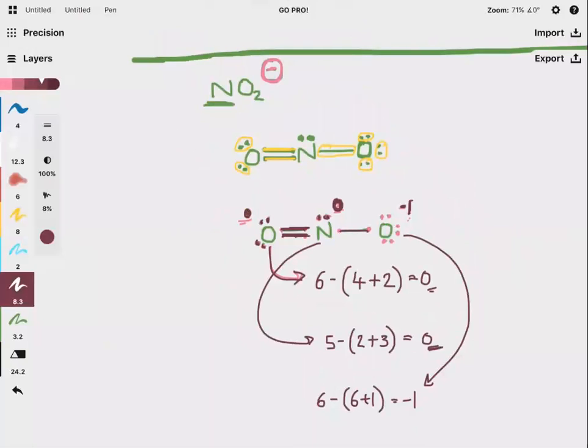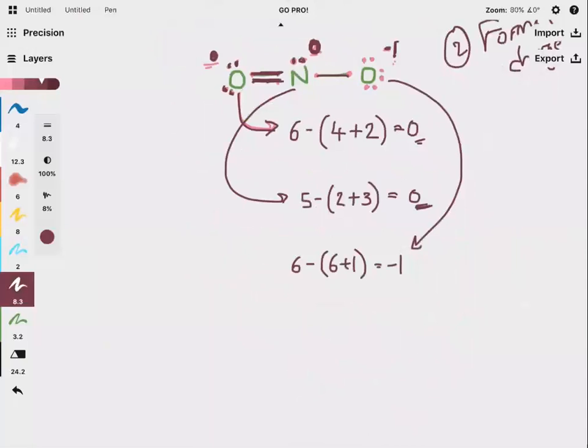We fulfilled the octet rule. There's only 2 rules we have to fulfill: the octet rule and the formal charge rule. And everything worked out. So the structure that we built, let me redraw it again, is the correct structure.